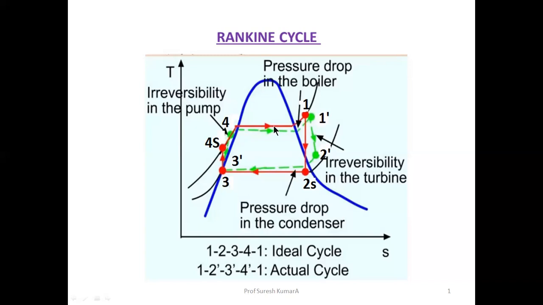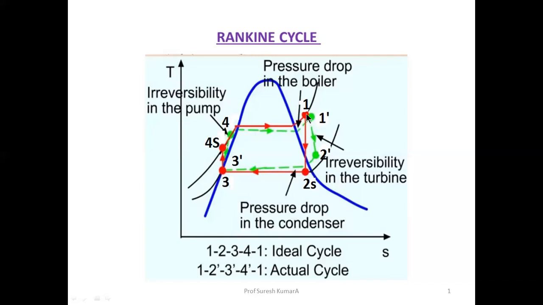Say for example, if the pressure which has to enter the turbine is 30 bar, it might be less than that. It might be 29 bar or 29.5 bar because of the slight pressure drop, and instead of entering at 1, it will be 1 dash to the turbine.